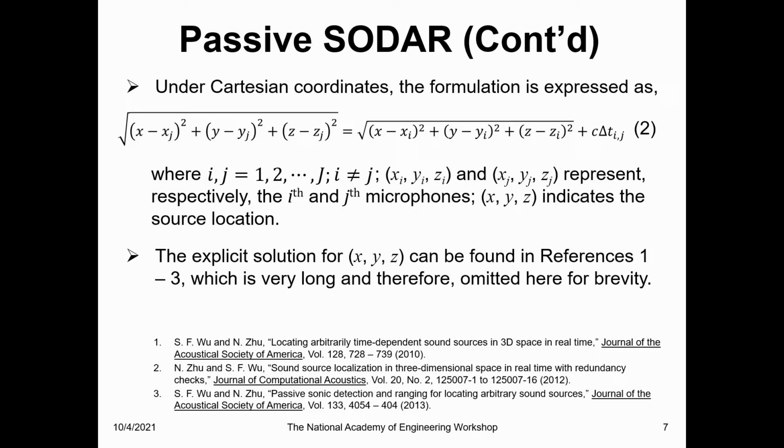Equation 2 is the same formulation expressed under Cartesian coordinates. The explicit solution for the source location XYZ can be found in references 1 to 3, which is very long and therefore omitted here for brevity.